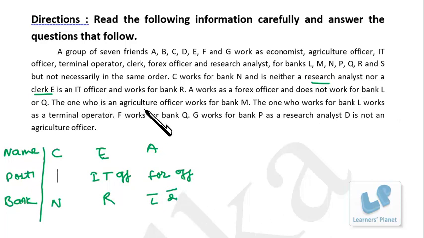The one who is agriculture officer works for bank M. The one who works for bank L works as terminal operator. Terminal operator, bank L. F works for bank Q. So we have F and Q combination.